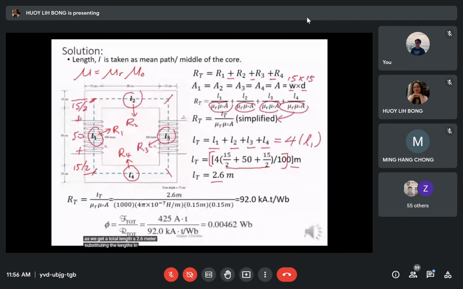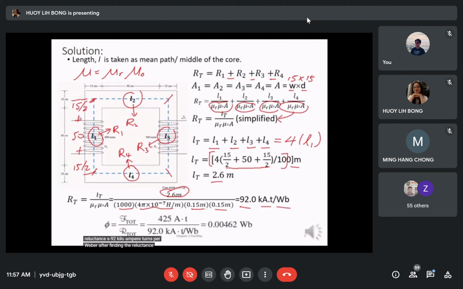Substituting the length in, and the mu r is 1000, mu naught is 4 pi times 10 negative 7, and the area as 0.15 times 0.15 meter, we will get the total reluctance as 92 kilo ampere turns per Weber.